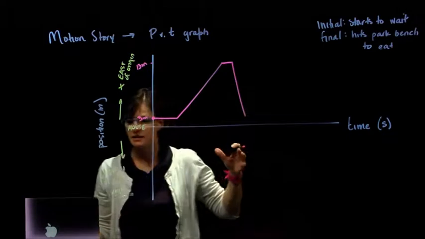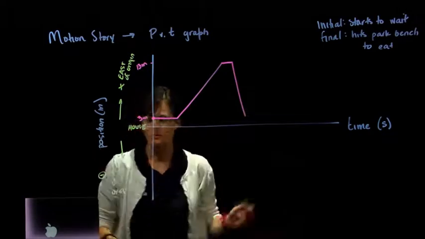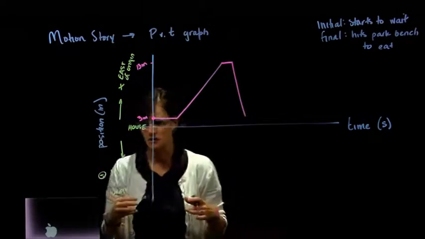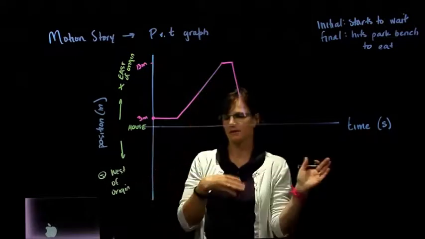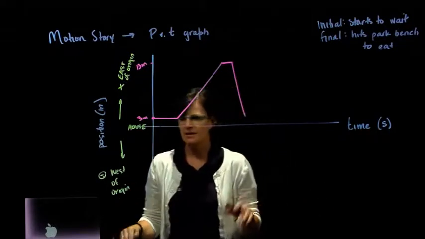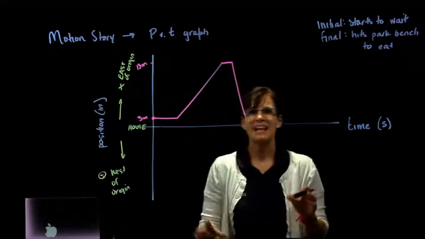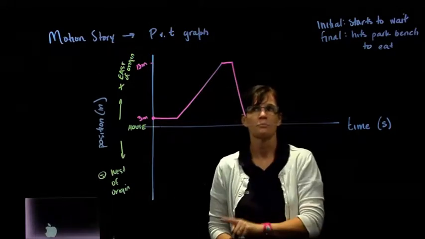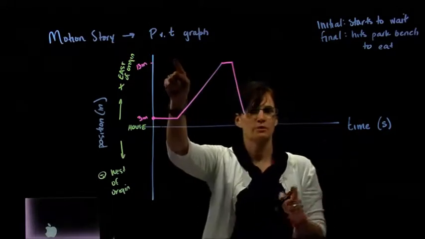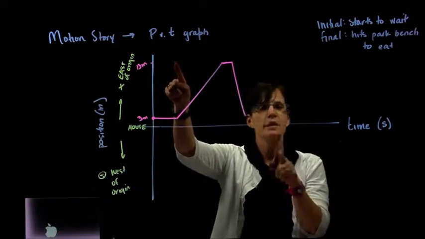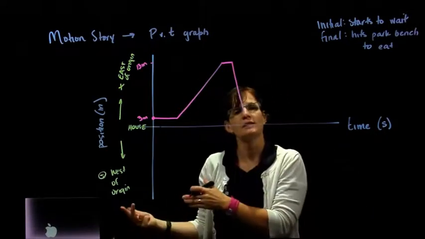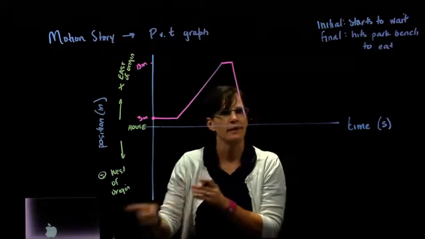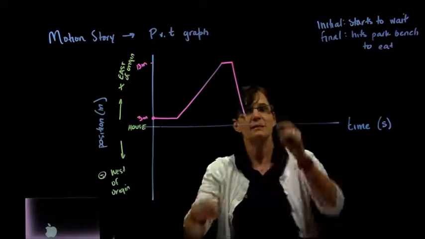Where he picks up the water bottle, turns around and runs back. So we're not having any transition changes, like he slows to a stop, picks it up, that sort of thing. Just does it instantaneously. And runs back at the same rate. So he's moving back to this 13-meter location, moving to the right, positive slope, but at the same rate that he traveled to get the water bottle, which is represented by the steepness.